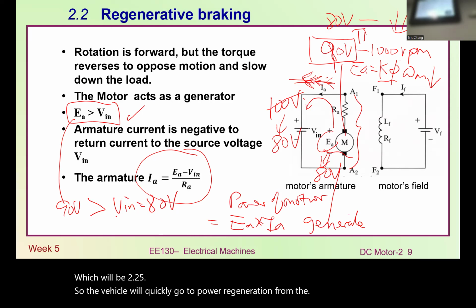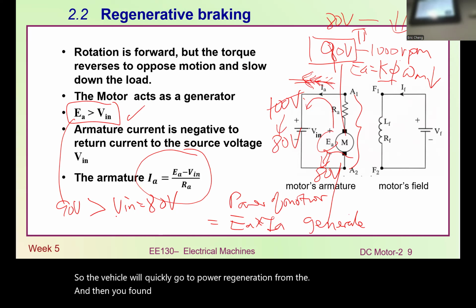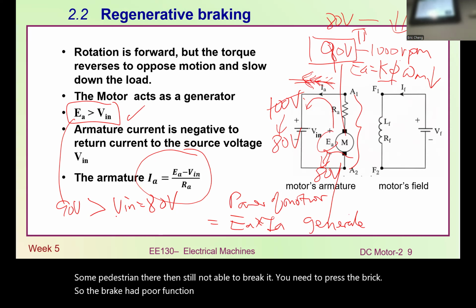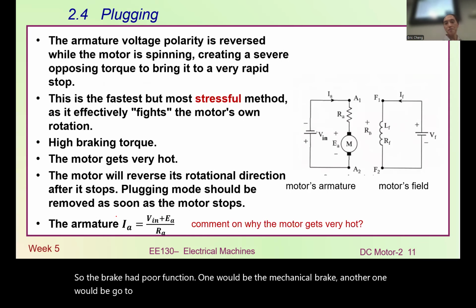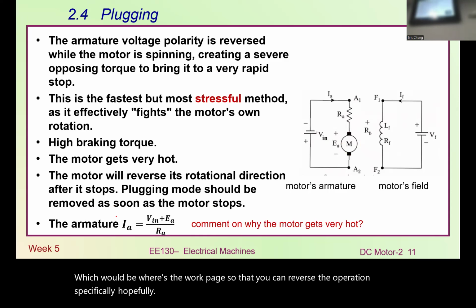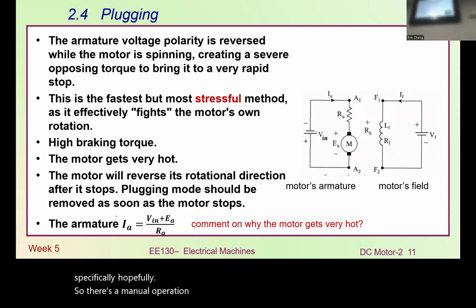Then if the vehicle gets near a traffic light and you need to stop, or there is a pedestrian, and it still can't brake enough, you need to press the brake. The brake has two functions: one is the mechanical brake, and the other is the braking mode, which reverses the voltage so that you can reverse the operation of the vehicle. So there is a manual operation in EV depending on how we design it.